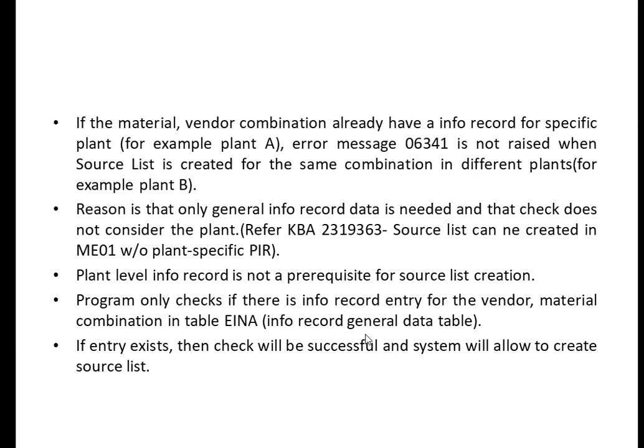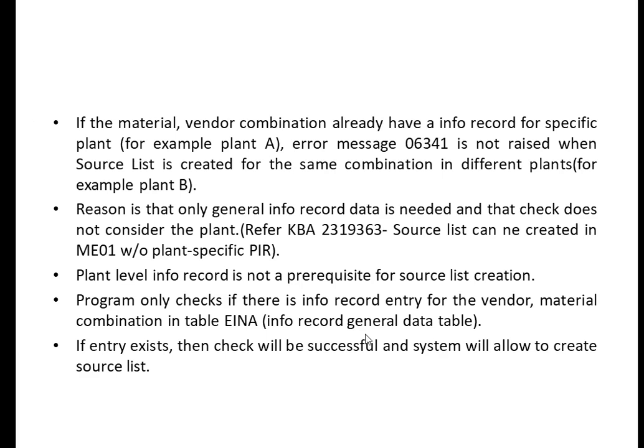Suppose for plant A we have created the info record, and after the info record creation we try to create a source list for plant A. In that case the system will allow us to create the source list for that material vendor combination because the info record is already present for plant A. But what about plant B? If we try to create a source list for plant B for the same material vendor combination, in that case also the system will allow us to create the source list.